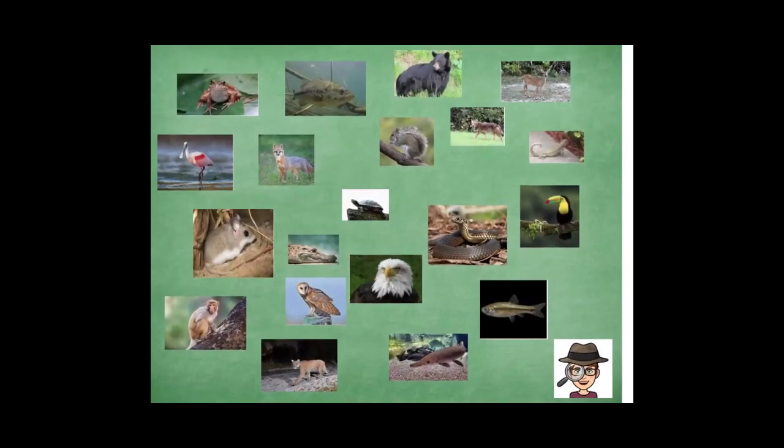You can also pause the video here to place tally marks on your chart to show how many you've found in each group. Start the video again when you are finished. Remember, you want to find the birds, the mammals, the reptiles, and the fish. And for each one that you find, you want to place a tally mark next to that animal type.